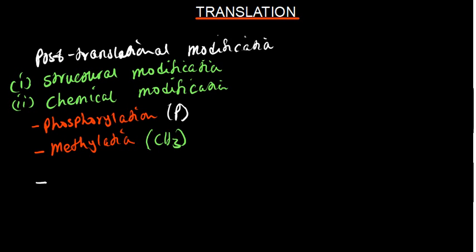Glycosylation. I think this is the one which you have come across when you are looking at cells. Glycosylation involves the addition of carbohydrates to a protein.